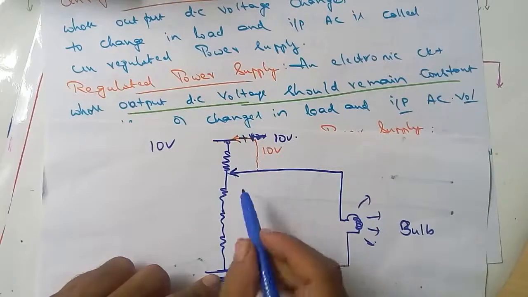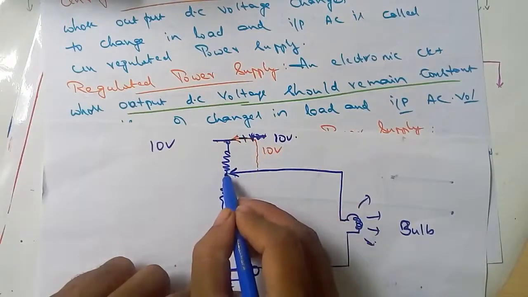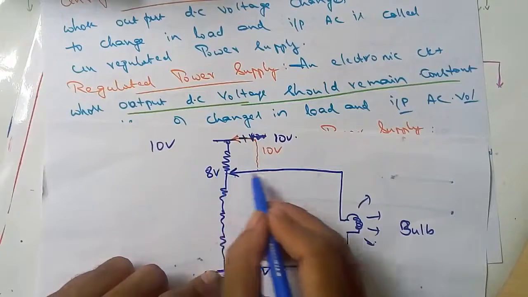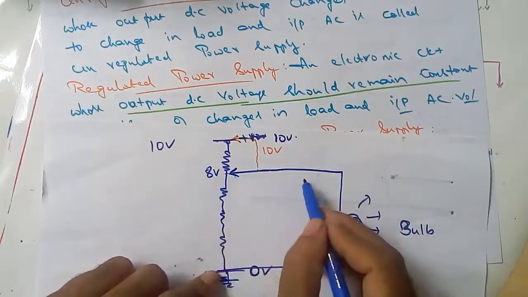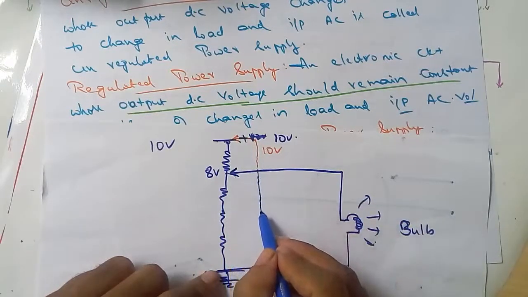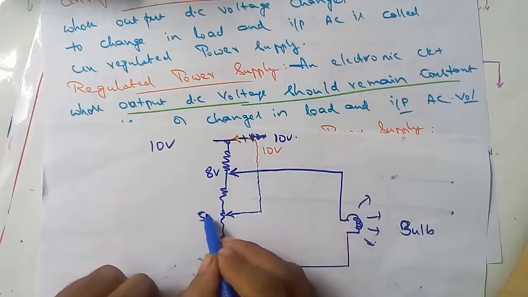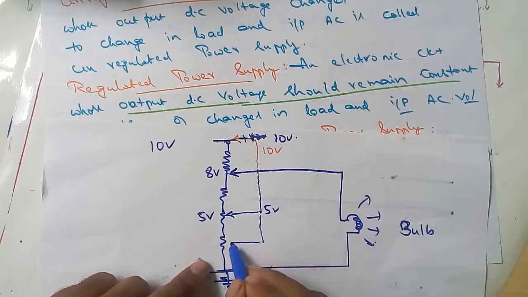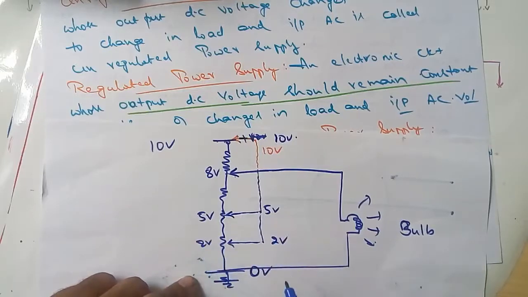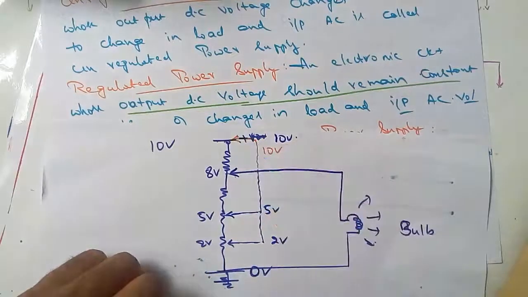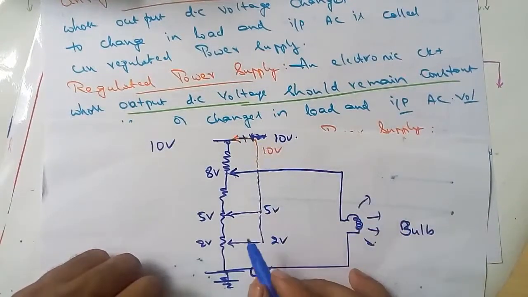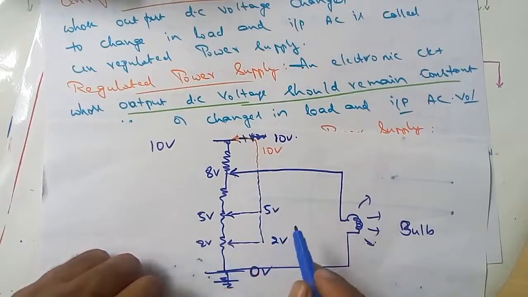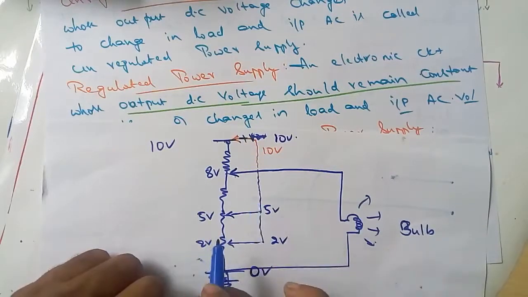If the potential divider is at this place, then 0 to 8 volts, so here it is giving only 8 volts. If this potential divider is here, it gives only 5 volts. If it touches the bottom, maybe 2 volts. So throughout 10 volts, it will be divided into some required parts. That is the functioning of the potential divider.